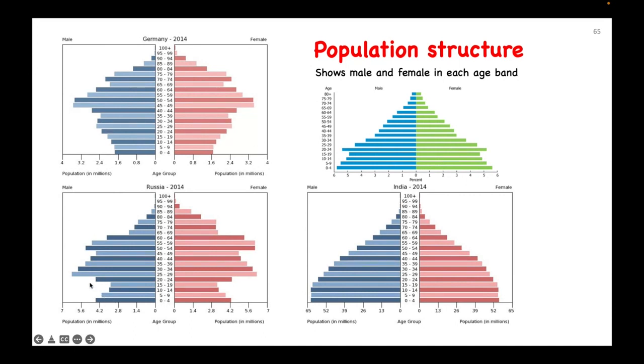If you look at Russia, not that far away, you've got a very different sort of structure. So what's going on here? I think one of the most obvious things is that in Russia you've got a huge discrepancy between numbers of men and women in the older age groups. We identified that this group was about the end of the Second World War, so this is the Second World War generation, people who were alive during that period.